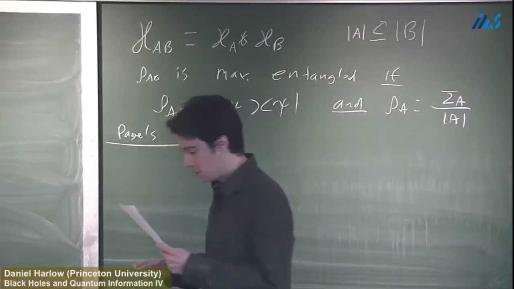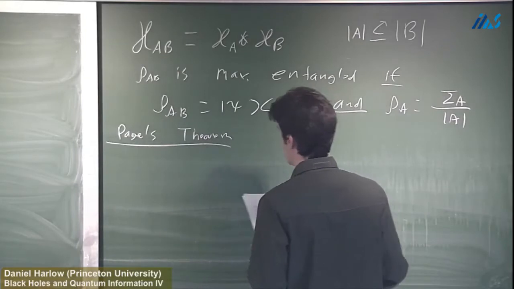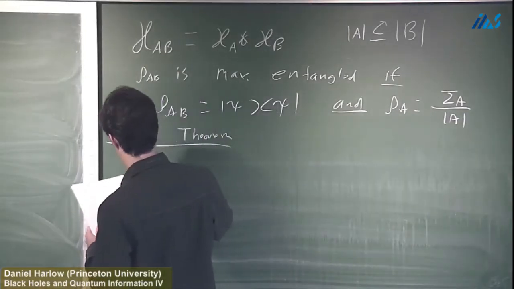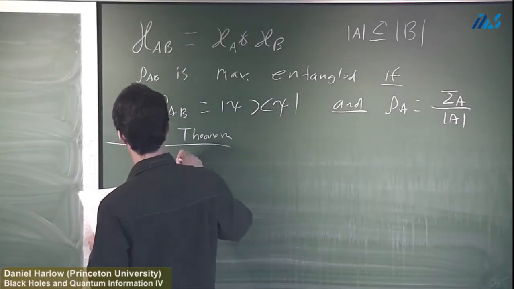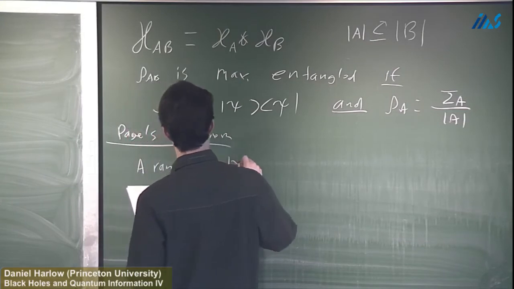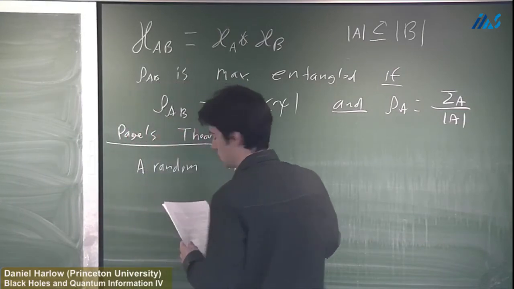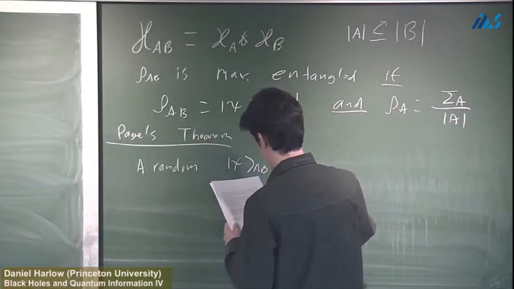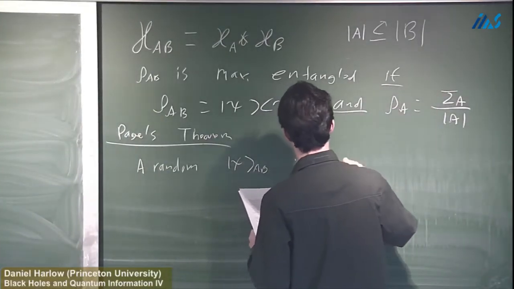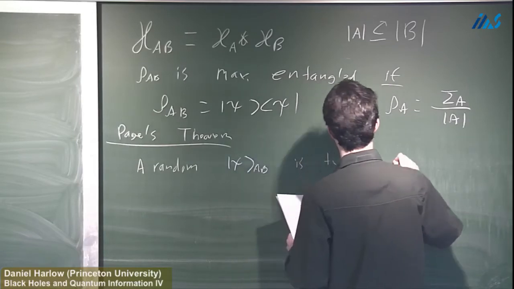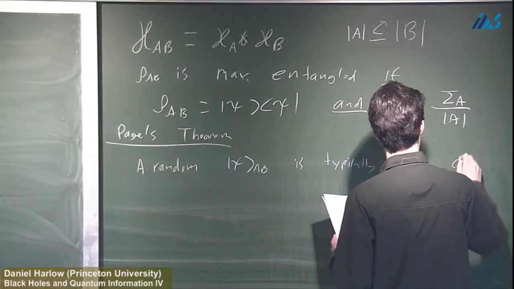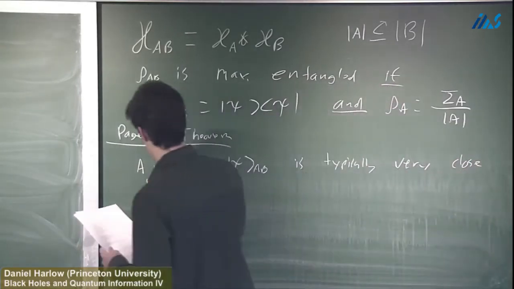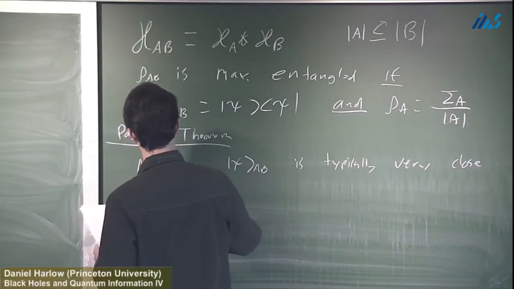So what Page says is that a random psi AB, a random pure state in the Hilbert space AB, is typically very close to maximally entangled.